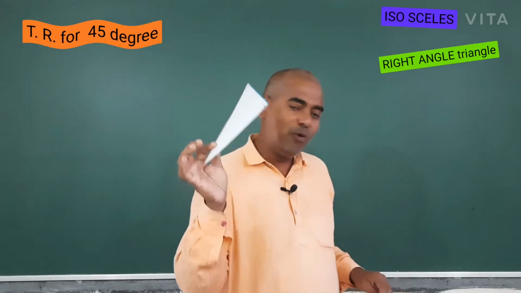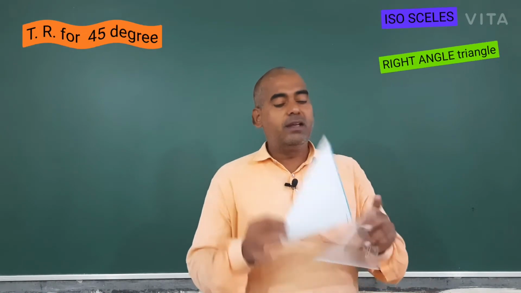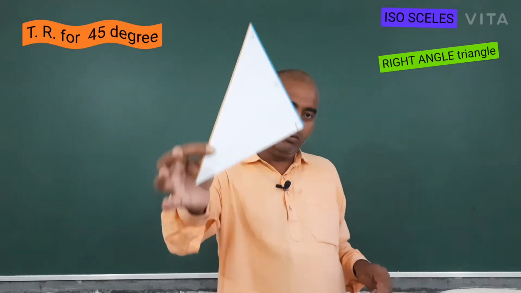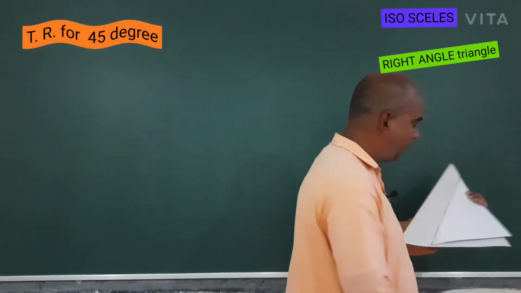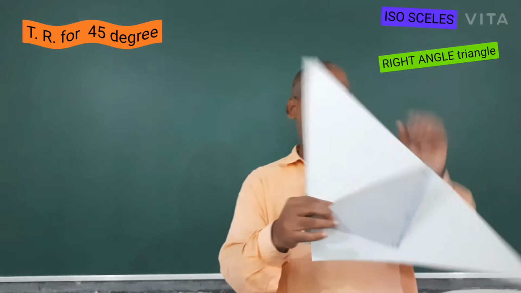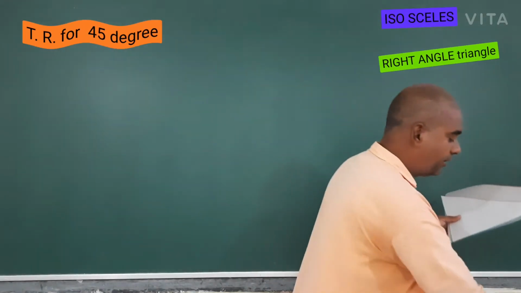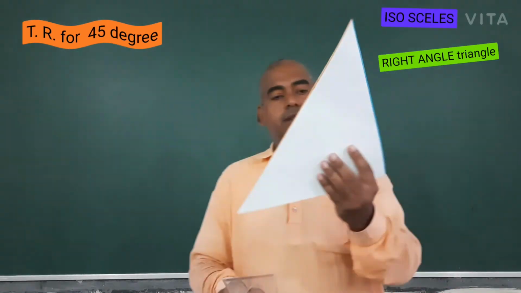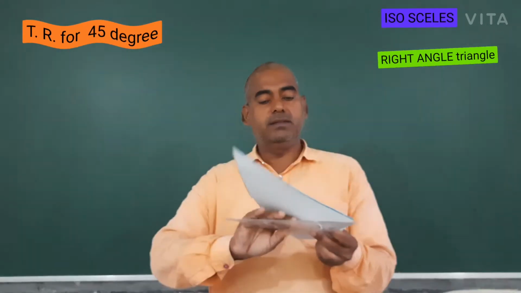Actually 1 side should be measured, otherwise what will be the problem? If I measure all the 3 angles here, what do you think about this? If I measure the angles of these sides, let me measure.